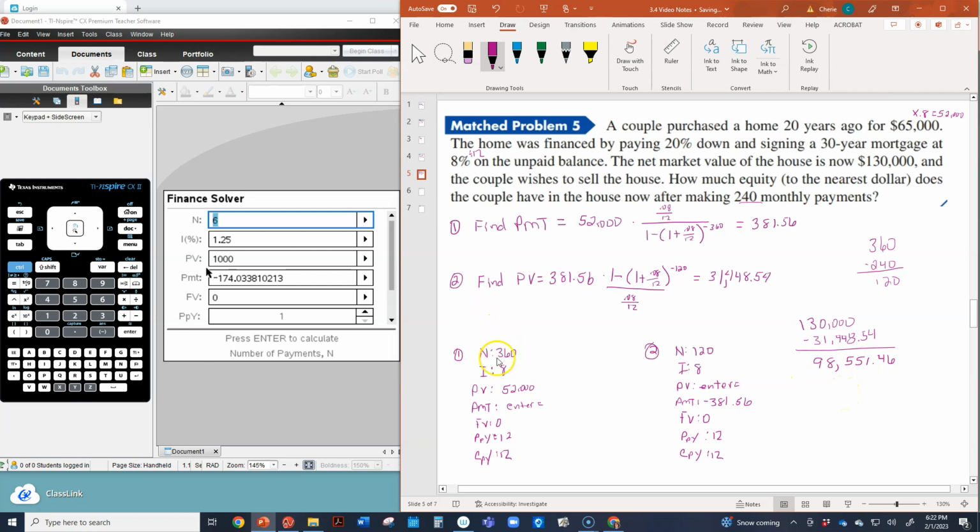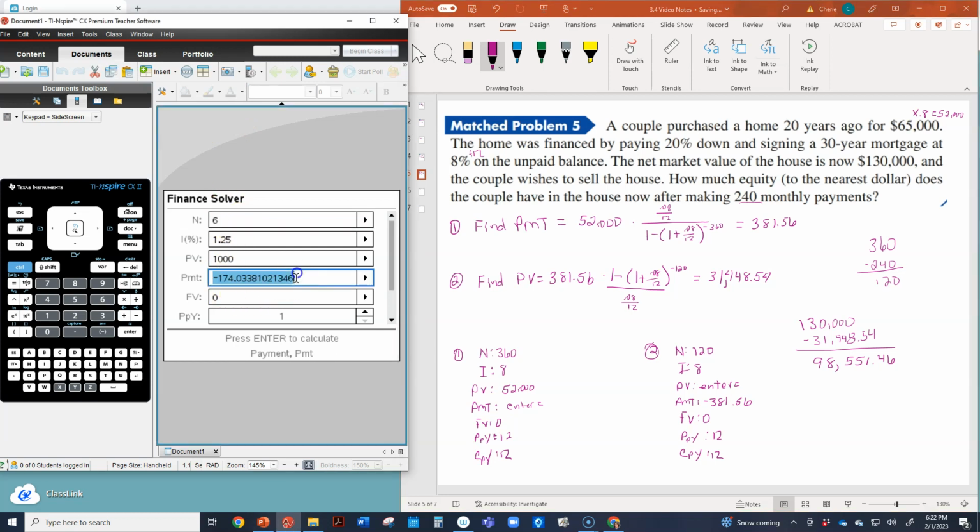So, of course, you can do all of this on the calculator, this problem solver right here. I think I put everything in. I am calculating. Oh no, I didn't.